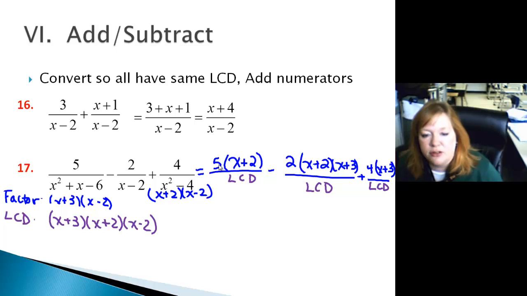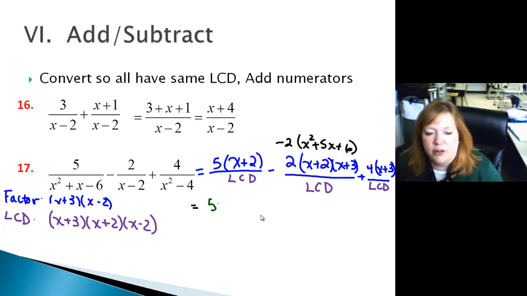I need to now simplify all of these numerators. That means multiply everything out and combine like terms. So I'm going to take this minus 2 times x squared plus 5x plus 6, and we're going to have 5x plus 10, and then we'll have minus 2x squared minus 10x. When I take this minus 12, and the 4 times the x plus 3 gives me 4x plus 12.